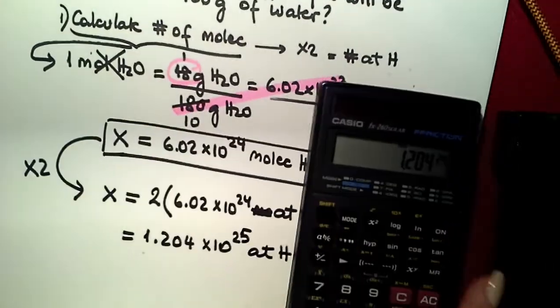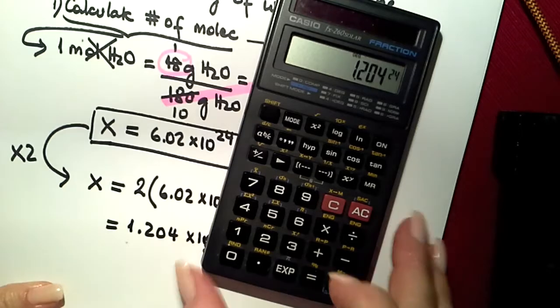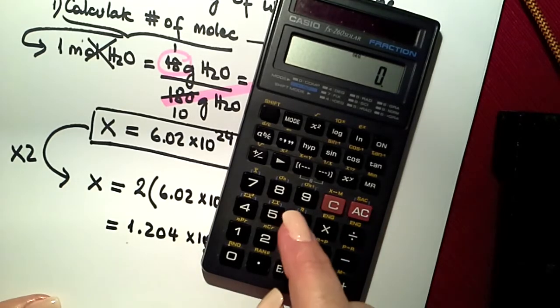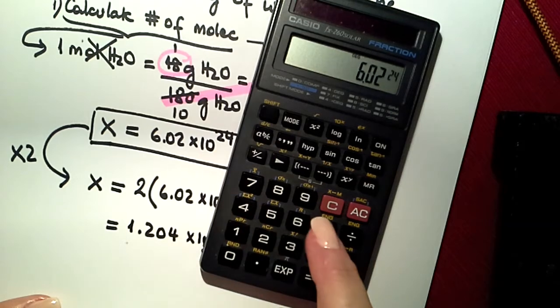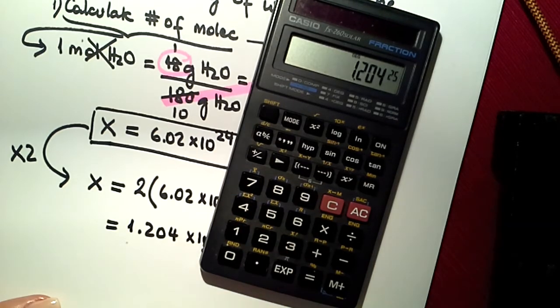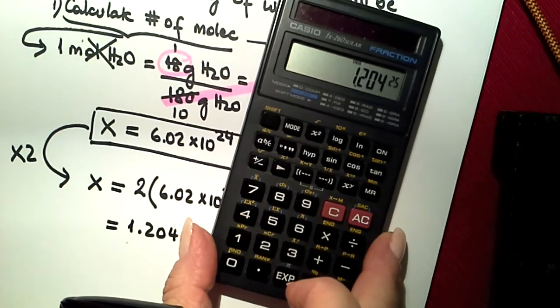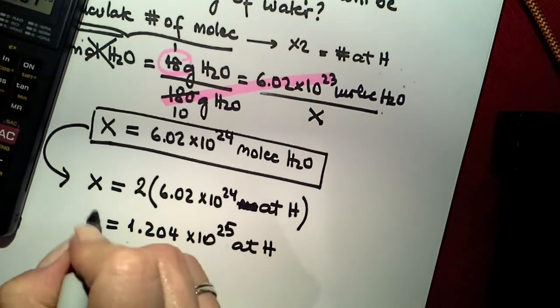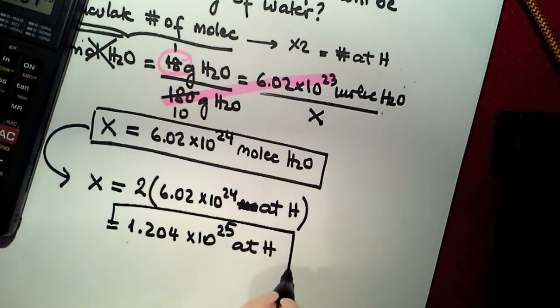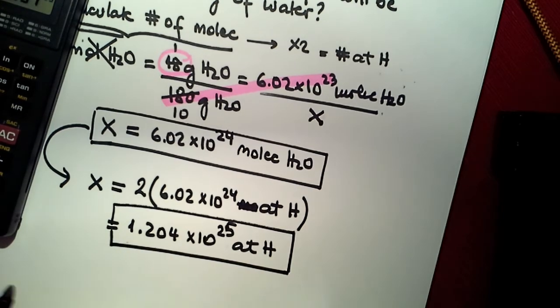Let's verify that with the calculator. 6.02 exponential 24 times 2 gives 1.204 times 10 to the 25th atoms of hydrogen present in 180 grams of water.